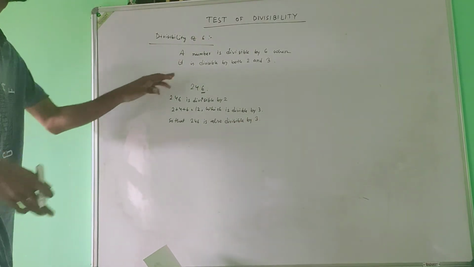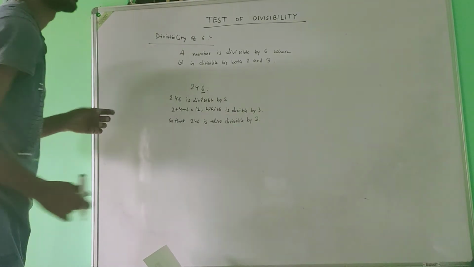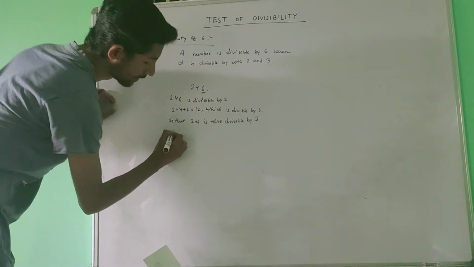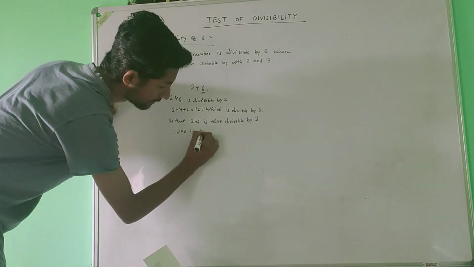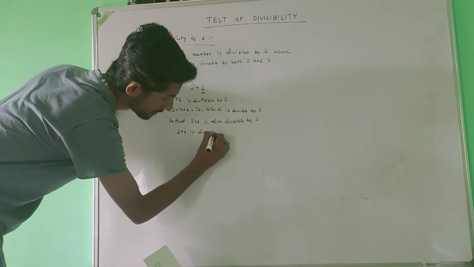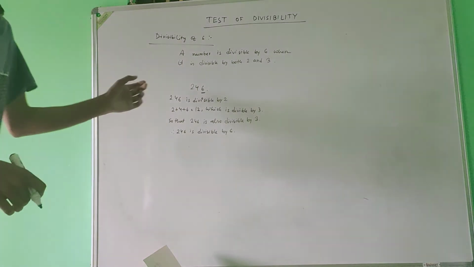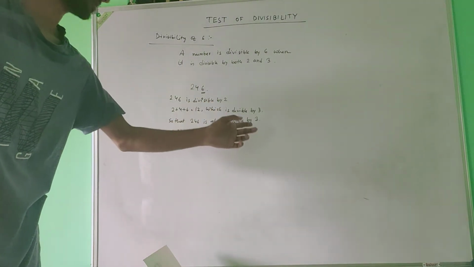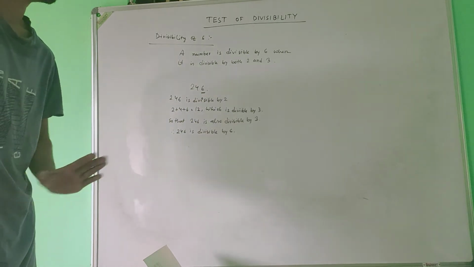Now you can see over here 246 is divisible by 2 as well as 3, therefore we can write 246 is divisible by 6. If it is divisible by 2 as well as 3, then we can say it is divisible by 6. That is the rule.